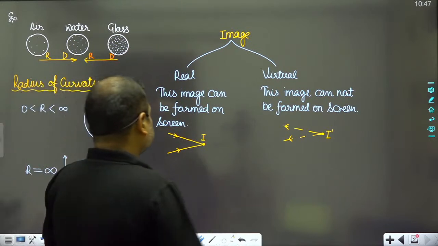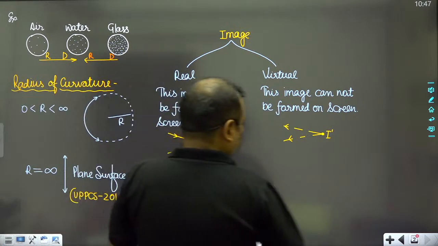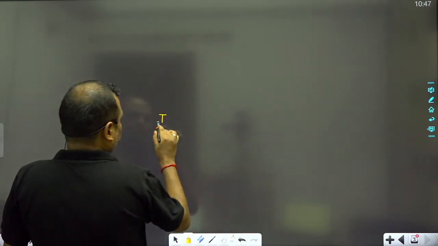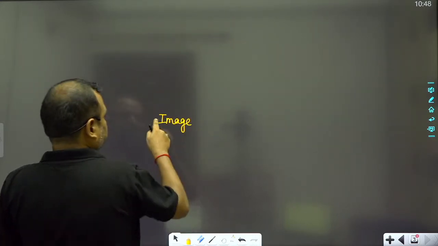So this is all about the image. Now there are two other kinds of image also. We talk about the erect and inverted image.